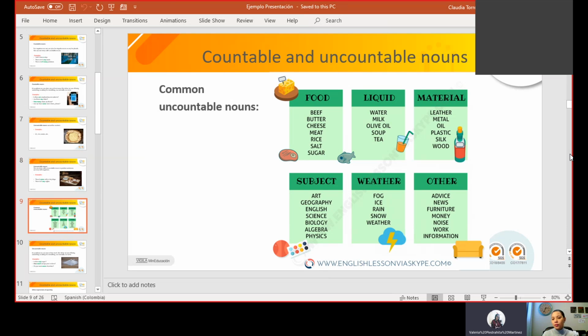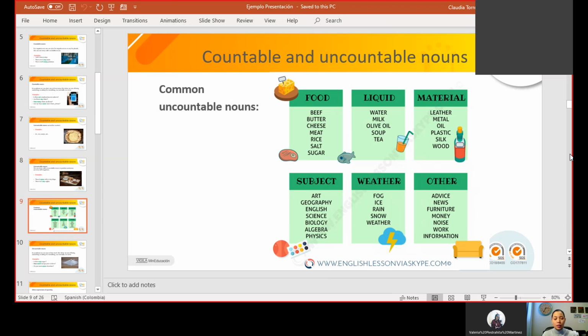Beef, butter, cheese, meat, rice, salt, sugar. Now for liquids we have water, milk, olive oil, soup, tea.